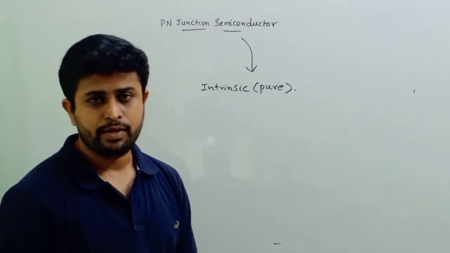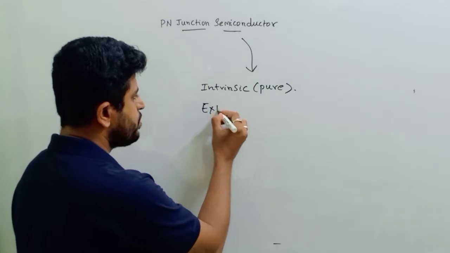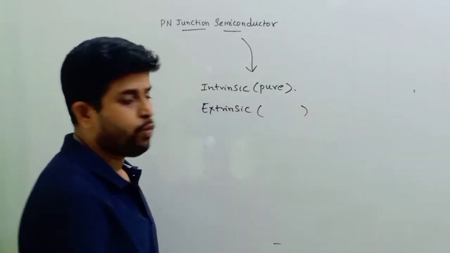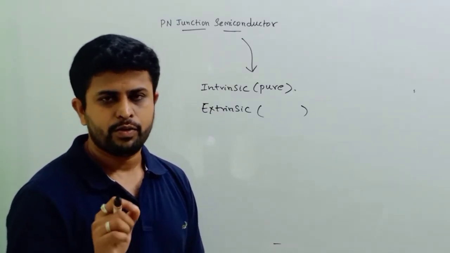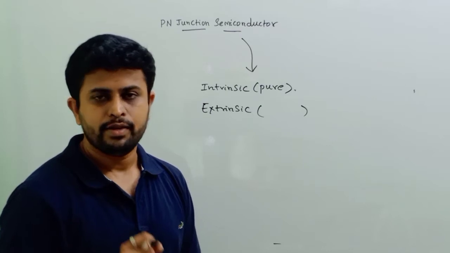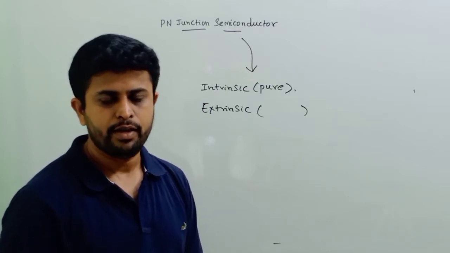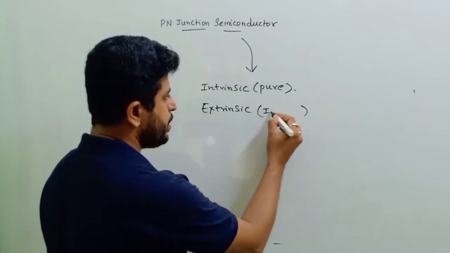The other type of semiconductor we have is extrinsic. When impurities are added to the pure semiconductor material, it is called extrinsic semiconductor material, which is also known as impure semiconductor material.